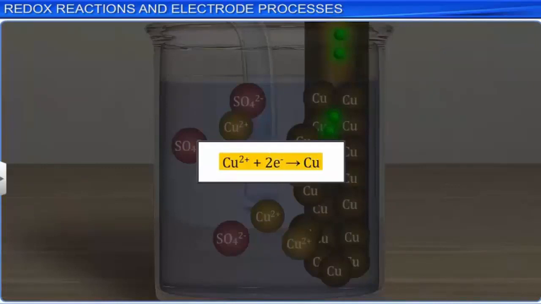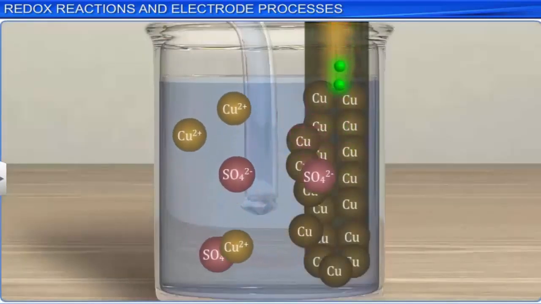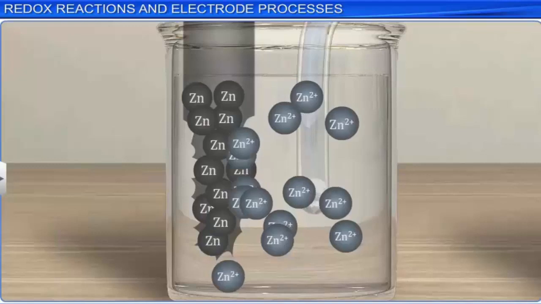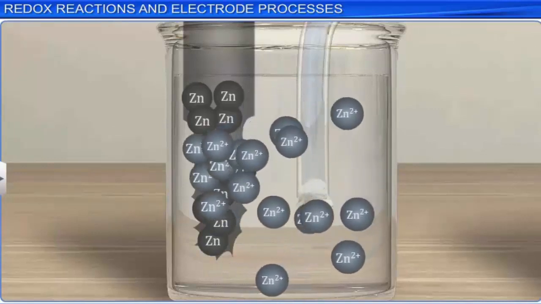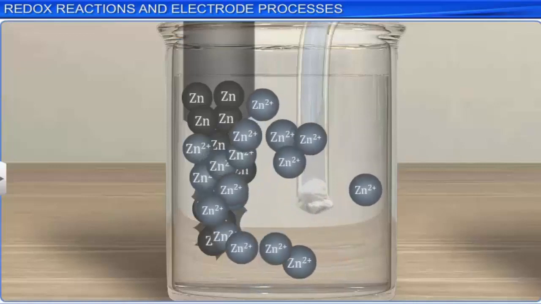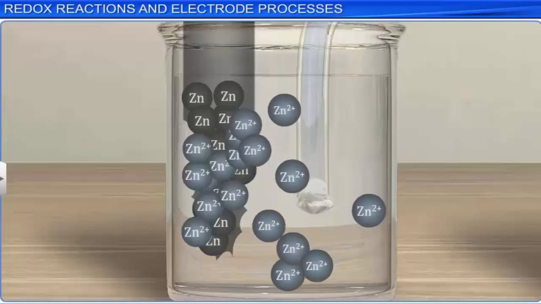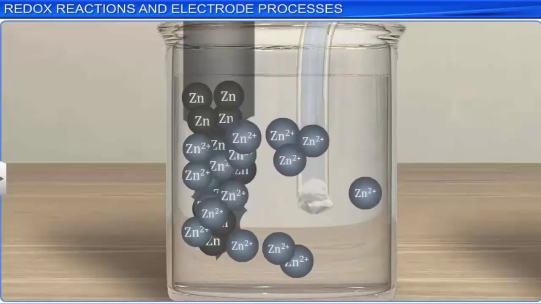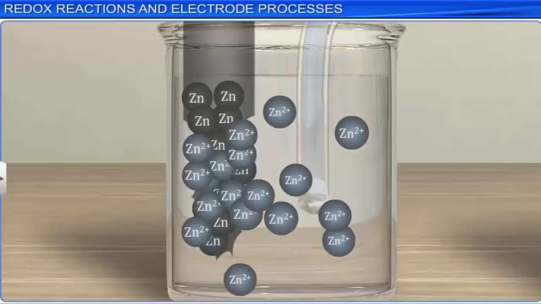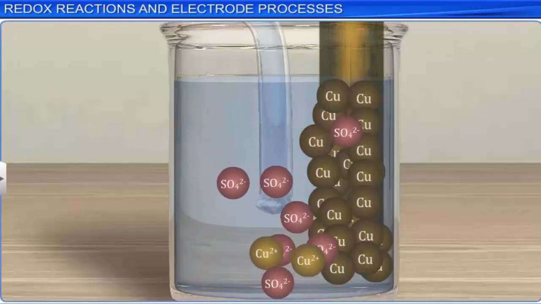As the reaction continues, the excess zinc ions accumulate around the zinc rod in the zinc solution. Due to this, any further oxidation of zinc stops as the repulsion among Zn2+ ions increases. Similarly, Cu2+ ions reduce to copper atoms and deposit on the copper rod.